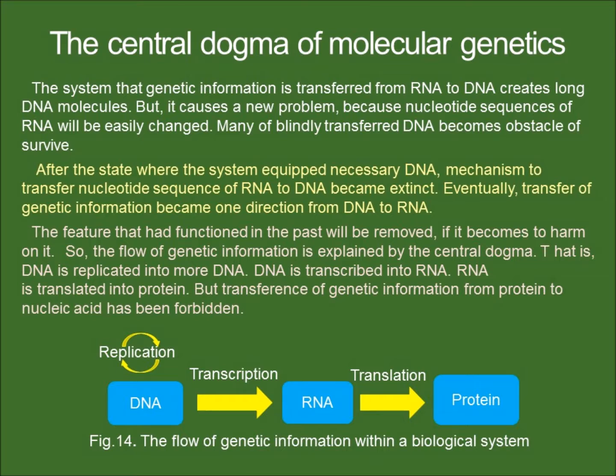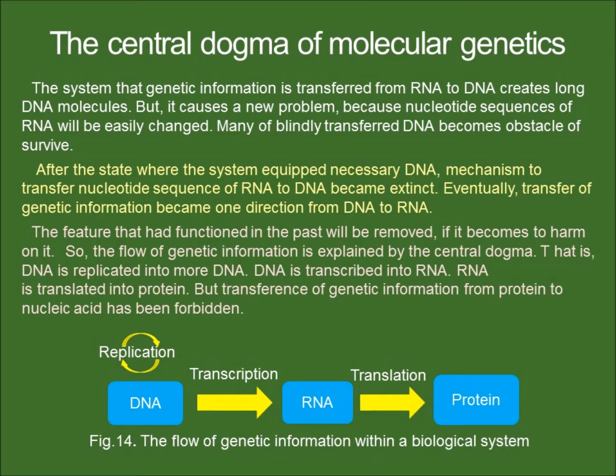Many blindly transferred deoxyribonucleic acids become an obstacle to survival. After the state where the system was equipped with the necessary deoxyribonucleic acids, the mechanism to transfer nucleotide sequence of ribonucleic acid to deoxyribonucleic acid became extinct. Eventually, transfer of genetic information became one direction from deoxyribonucleic acid to ribonucleic acid.